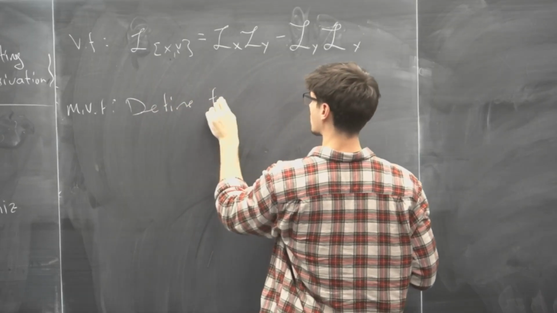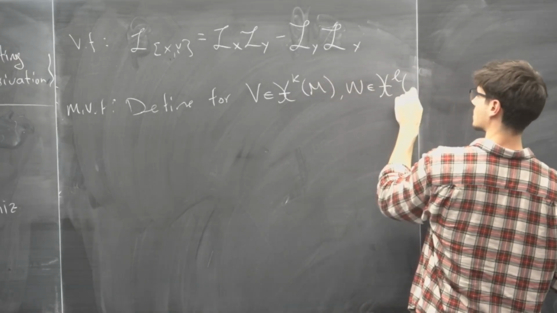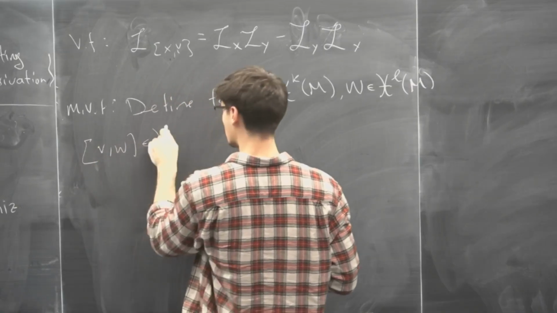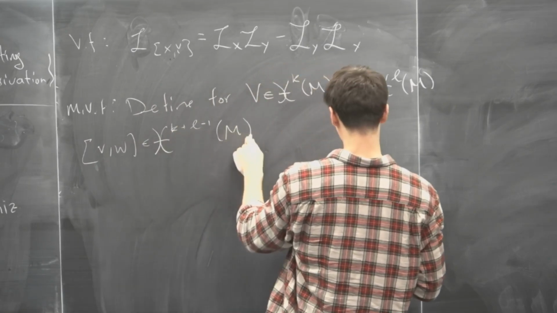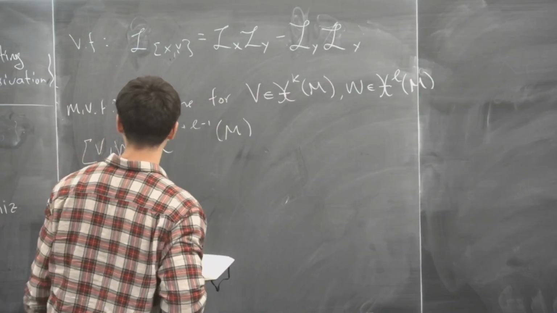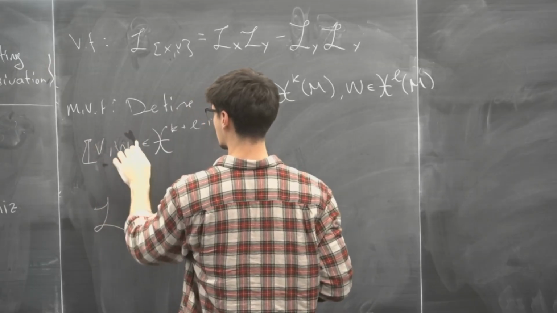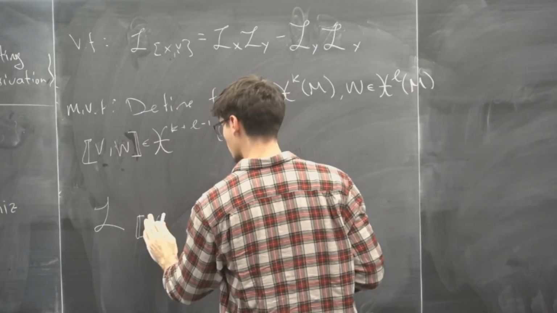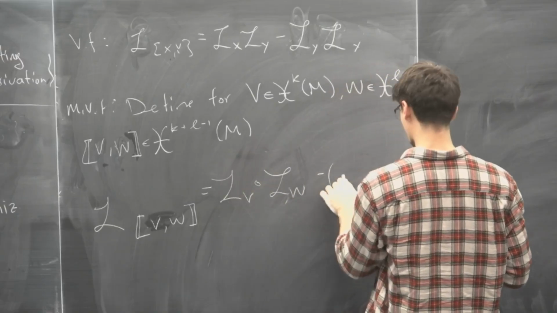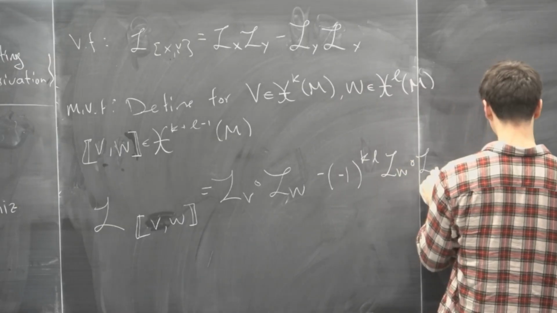Define, for V a K vector field and W an L vector field, the Schouten bracket, which takes in two of these and spits out the unique multi-vector field satisfying, how do I differentiate this, maybe I'll go like this, X W. It's almost the exact same, but now it's in a sense braided.